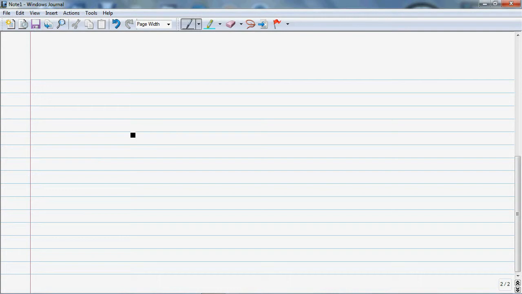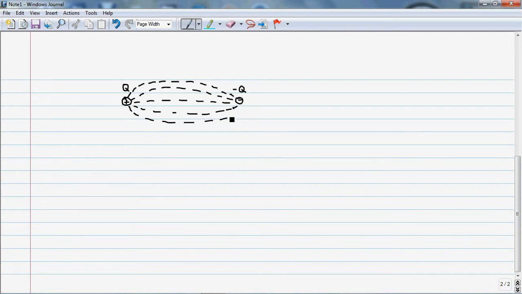Now, let's say that you have a charge of size Q and you have a negative charge of negative Q. Well, what will happen is that for all of the electric field lines coming out of the positive charge, an equal number of field lines will be entering the negative charge.